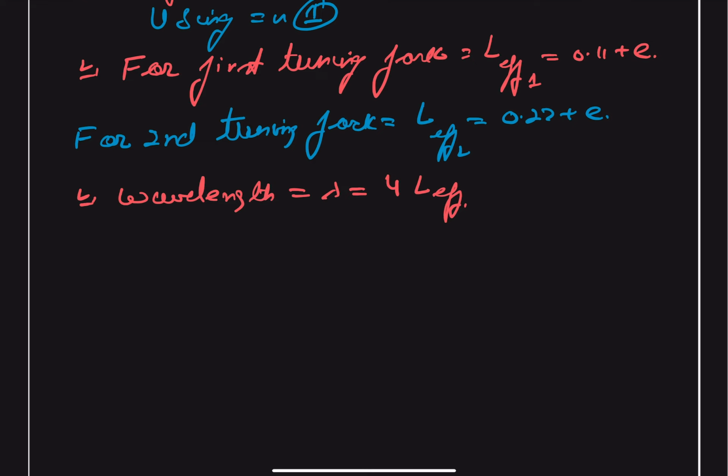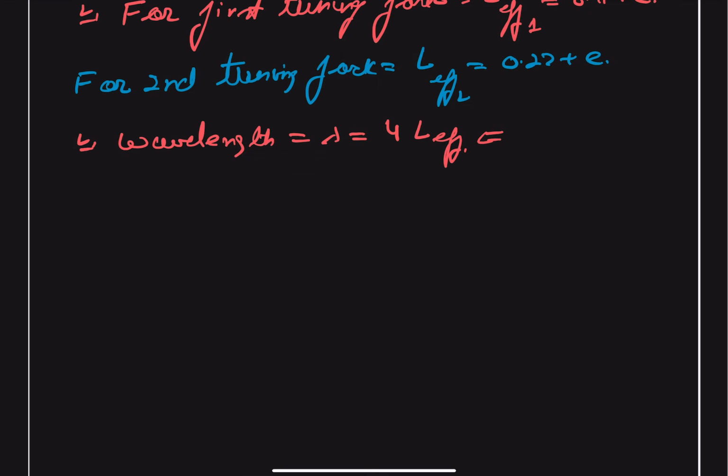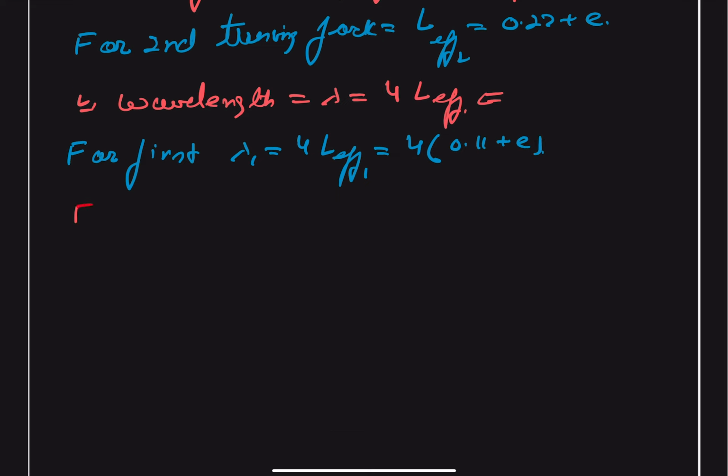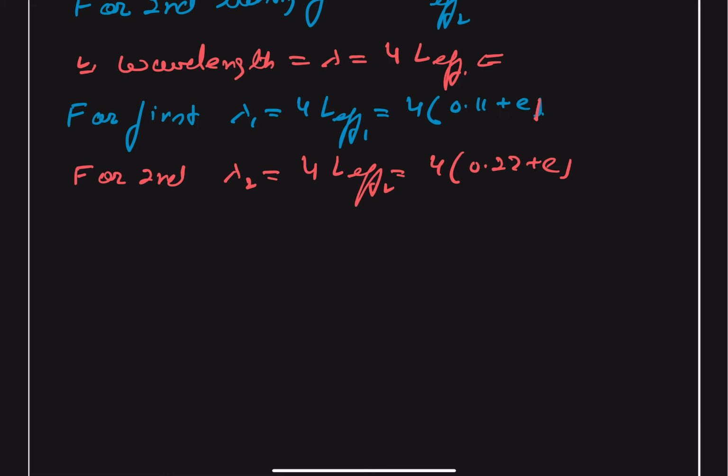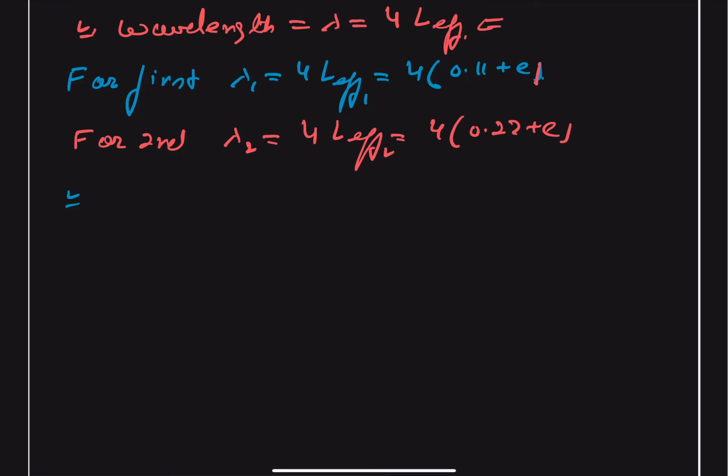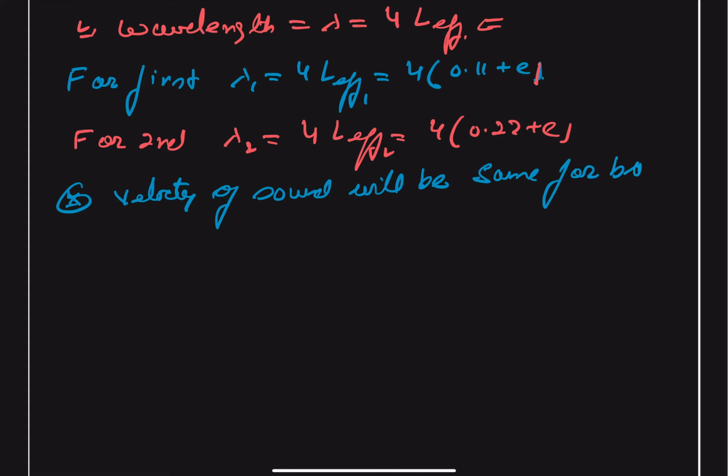So we are also going to modify this equation for both tuning forks. For the first, we have lambda 1 equal to 4 times length effective 1, which is 4 times 0.11 plus E. And for the second, we have lambda 2, which is 4 times L effective 2, that is 4 times 0.27 plus E. And the velocity of the sound will be the same for both tuning forks.